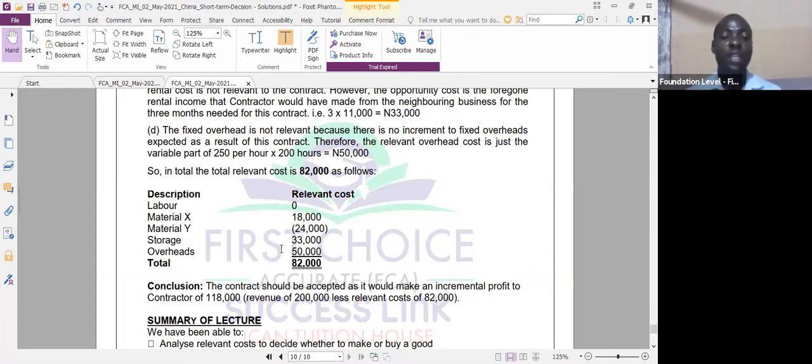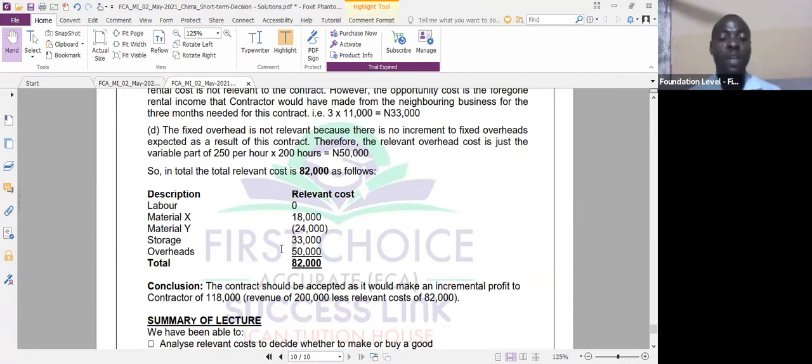You take the new people who want to hire it at the future price and not the committed price. So 3 months times 11,000 gives you 33,000. And of course, the overheads: take only the variable part of the overhead and not the fixed cost. So 200 hours multiplied by 250 per hour gives you 50,000 naira.